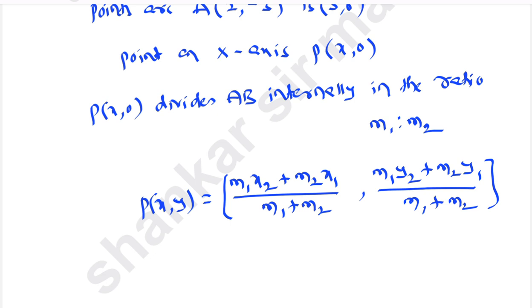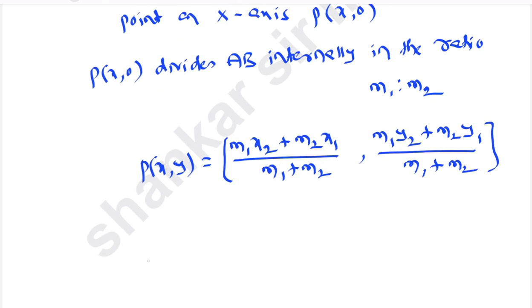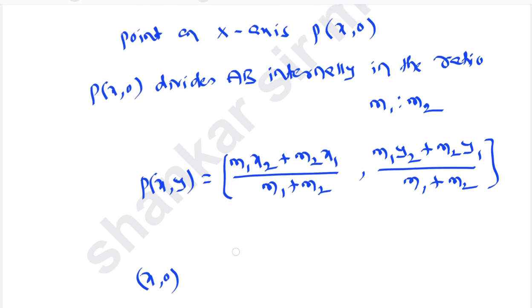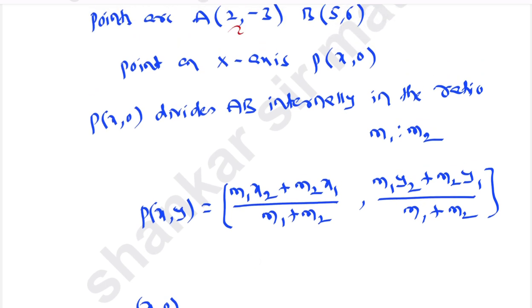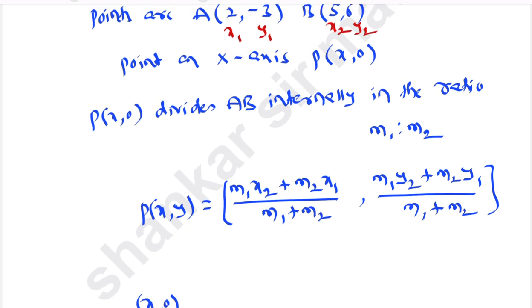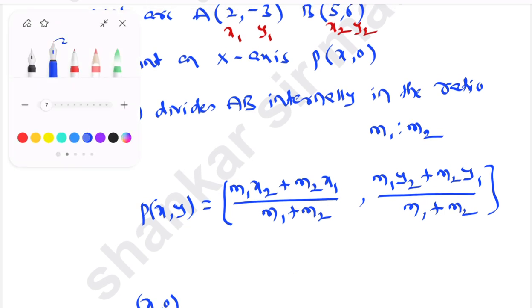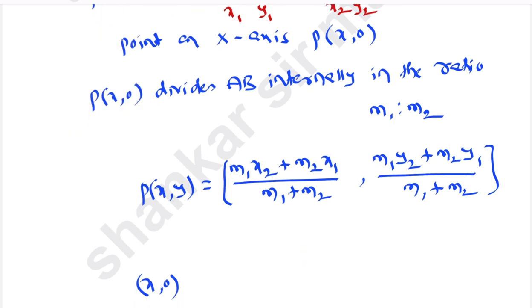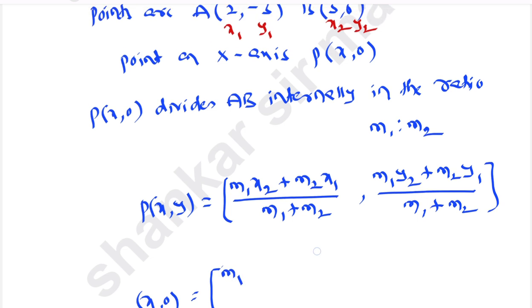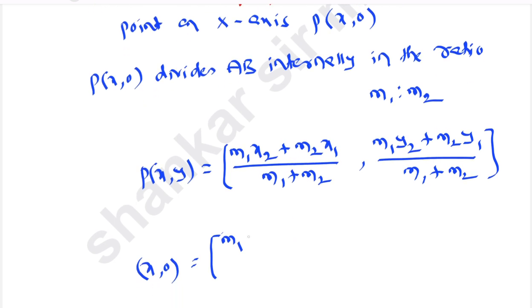But we are having the point P. So what is the point P here? That is (x, 0). Now here, it is x1, y1, x2, y2. So, equals to, I'm writing m1 value, we don't know m1, into x2 value, that is number 5. m2 we don't know.